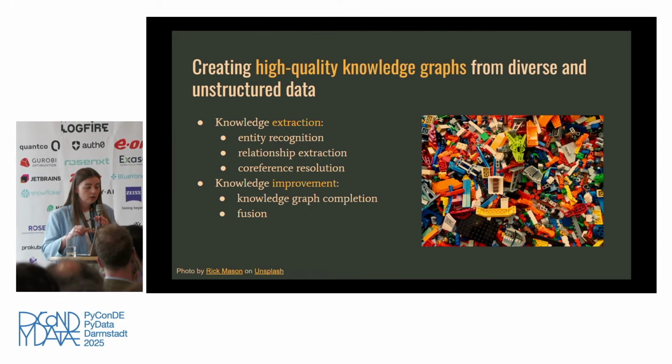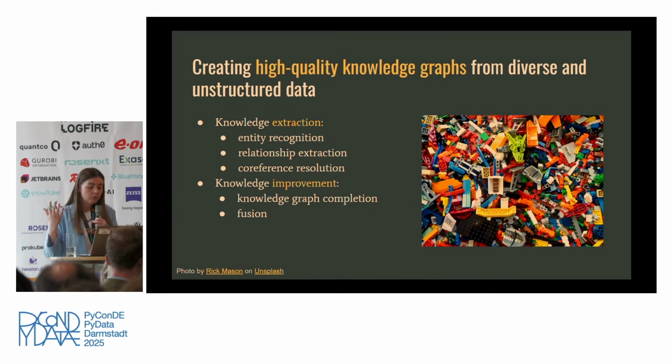And then when this step is done, we have a prototype of our graph, but we can still do better. We can improve our knowledge graph by doing completion and fusion. Maybe there are some missing nodes or missing facts, or maybe there are triplets that actually say the same thing, or some facts that contradict each other.